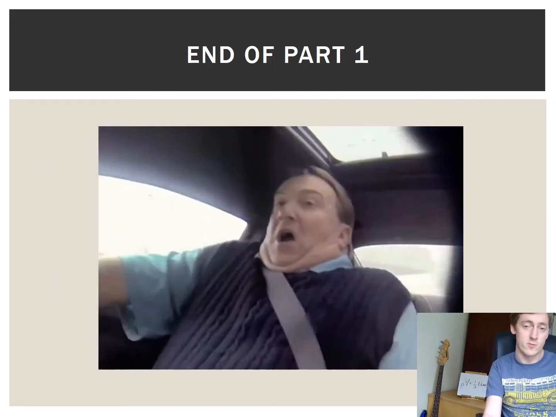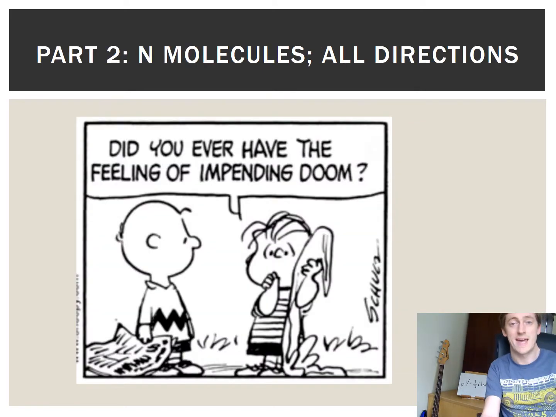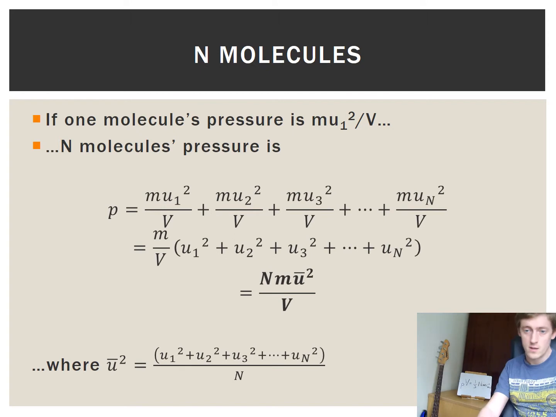So now we've got that, we need to extend it to all the other bits. We're going to look at n molecules, and then look at what happens if we take that in all directions. One molecule's pressure is mu1 squared over V. If I've got a second particle, it will be mu2 squared over V, and if I add them all together, I'll end up with a total pressure.